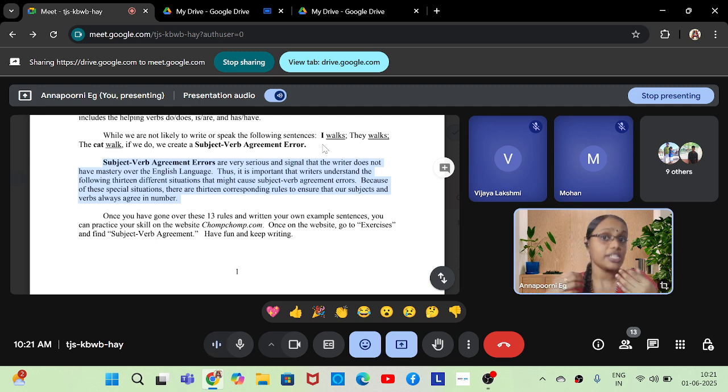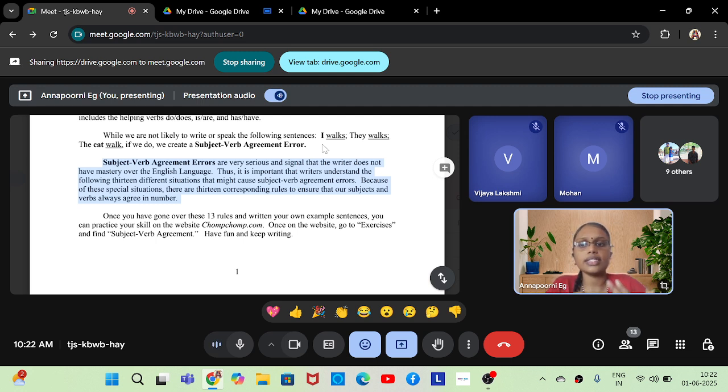Some students will easily understand this topic without even being taught. But some students may not immediately learn it because you have to change from singular to plural, plural to singular. For beginners, it might be a little confusing, but once you start practicing, it will be easy.